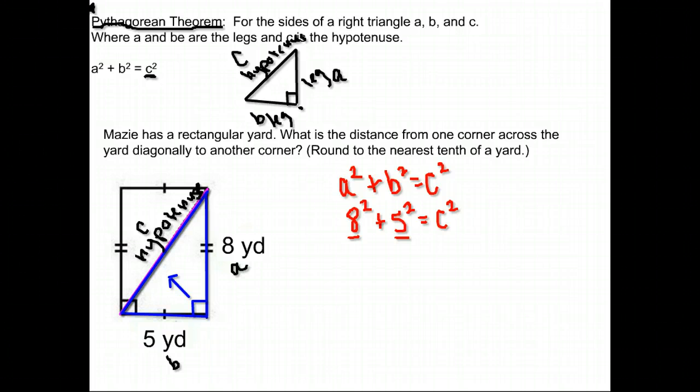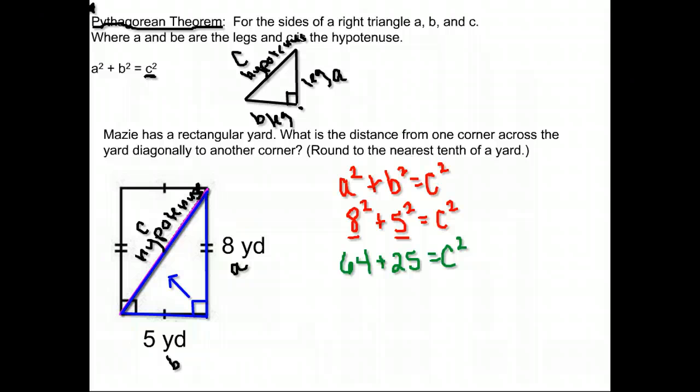So remember, 8 squared means 8 times 8, or 64. And 5 squared means 5 times 5, or 25. Oh, that's okay. I'm glad you did that. You were doing that so that everyone watching the recording would know not to, because that happens all the time in geometry. People forget that.